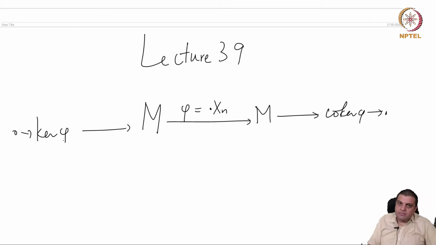So this is the situation we were in, and by induction we wanted to prove that the Hilbert function of M agrees with a polynomial in sufficiently large degrees.